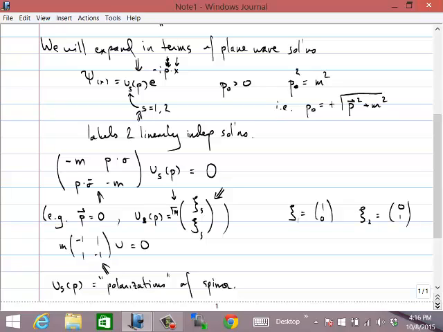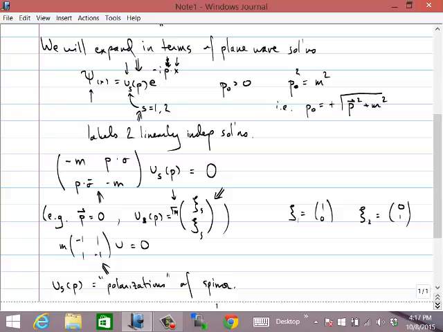Yes? Just a quick question. U sub S is a 2 by 2 matrix whose columns can stack together? Yes, U sub S is a 4-component vector, right? Psi is a 4-component vector, or I shouldn't call it a vector because vector implies Lorentz vector in your head. So I call it a 4-component spinor.